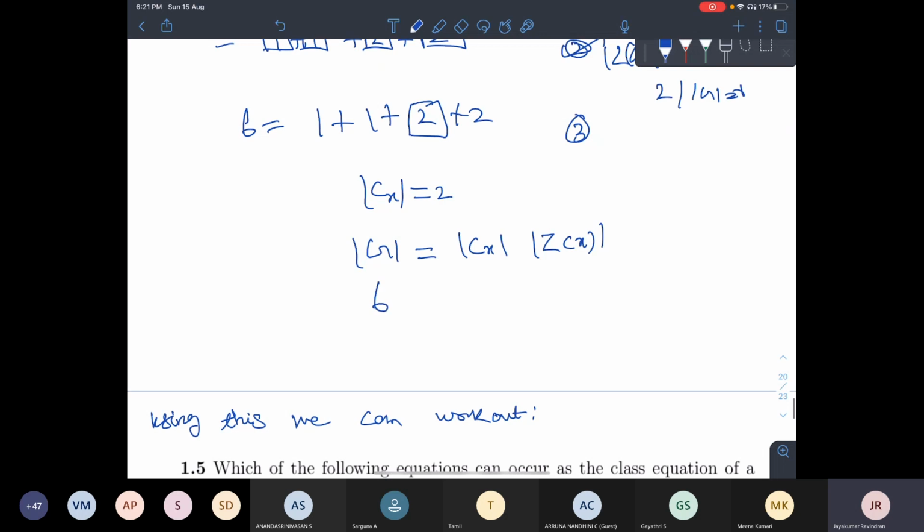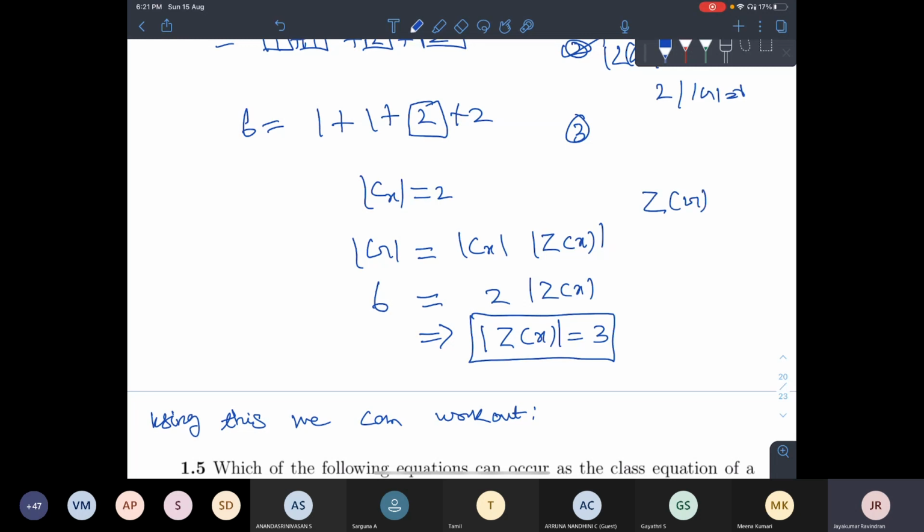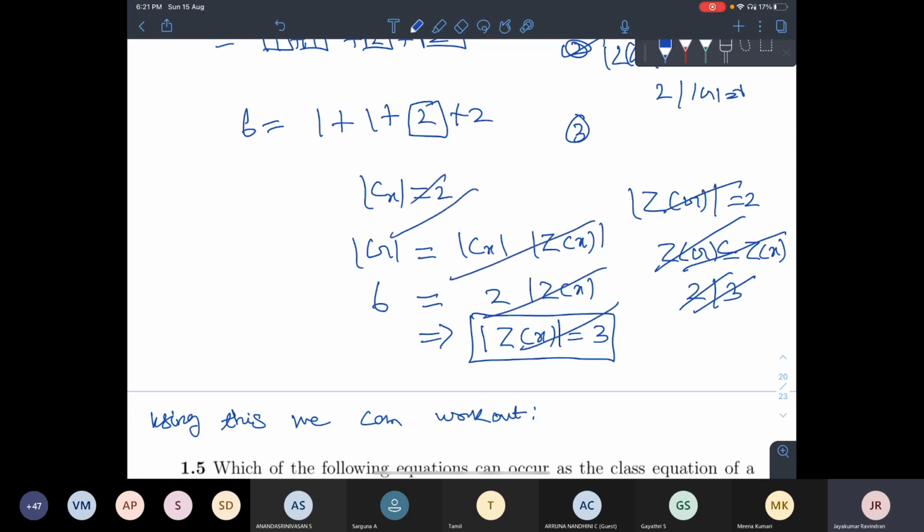This is 6 equals 2 into Z of x. That implies Z of x equals 3. The order is 3. Remember that Z of G has order 2 and Z of G sits inside Z of x. So 2 divides 3, which is not possible.